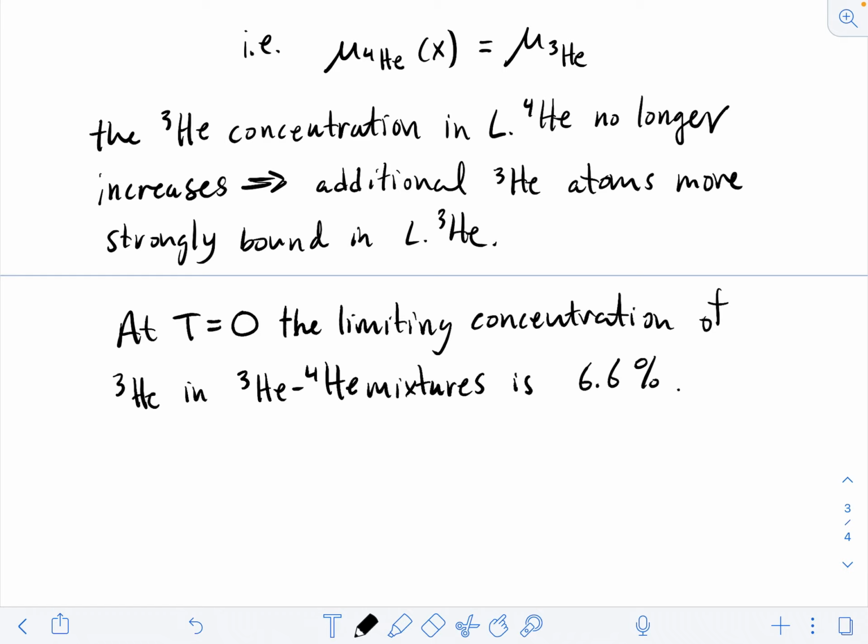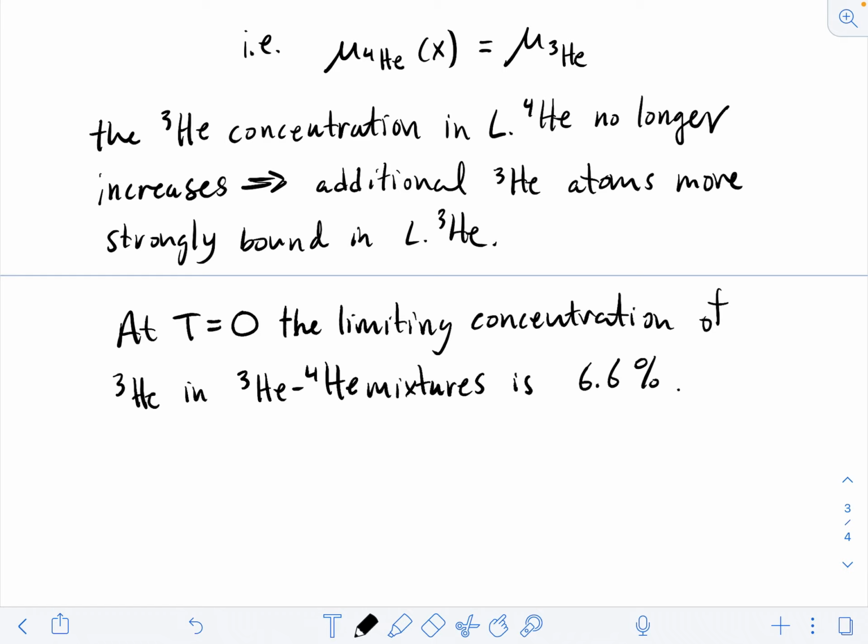Okay, so that means if I had a bucket of liquid helium-4 close to T equals 0, and then I start adding helium-3 atoms one at a time, they will go into that liquid helium-4 perfectly well until we reach a concentration where 6.6% of the helium atoms are the helium-3 isotope.